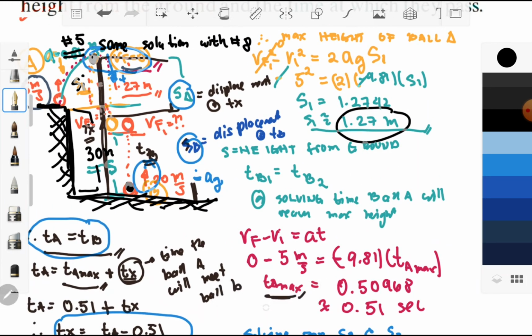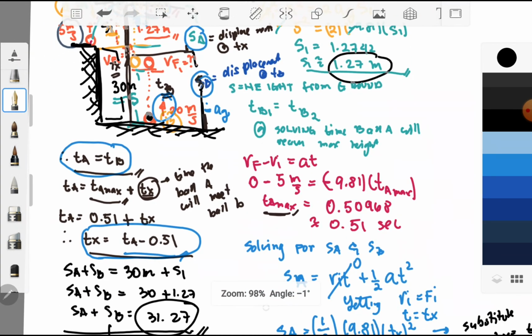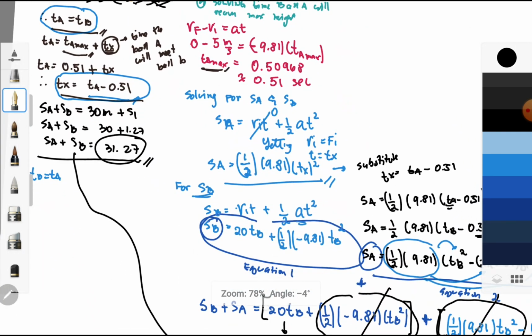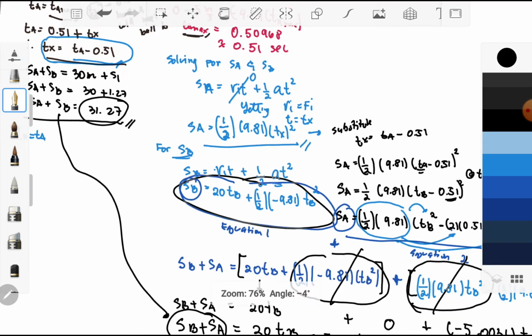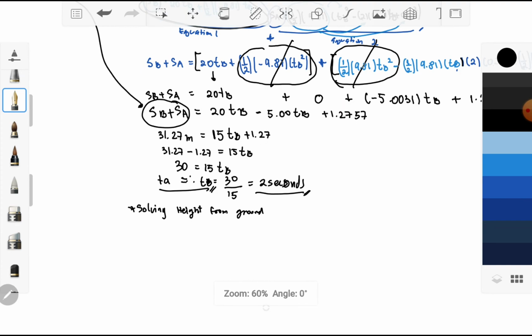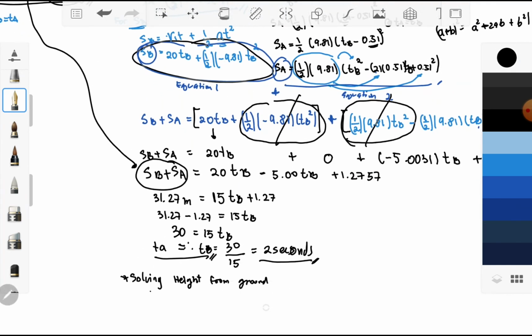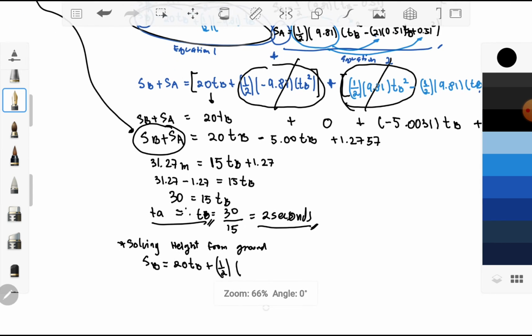The height from the ground, the easiest to get is your SB. Okay? But what is our SB? Our SB is equal to this equation. So, solving the height from the ground using SB, we have SB equal to 20 TB plus 1/2 multiplied by negative 9.81 TB squared.